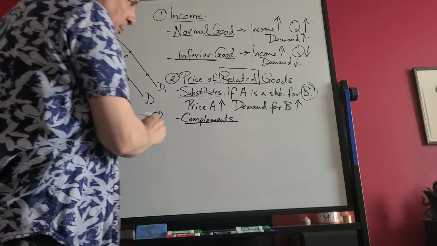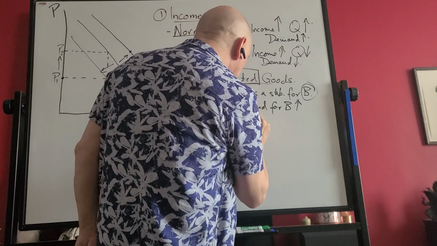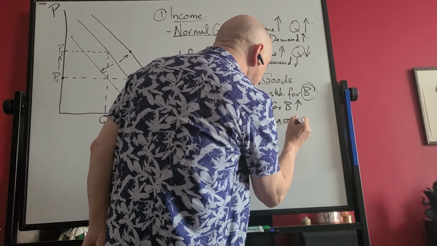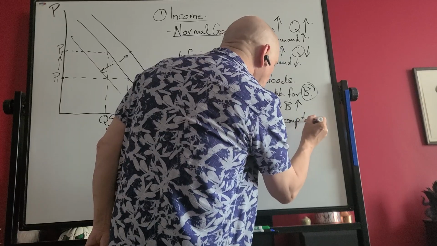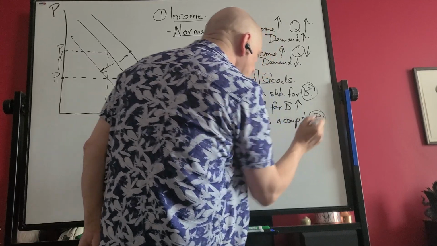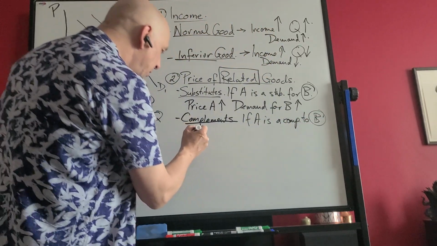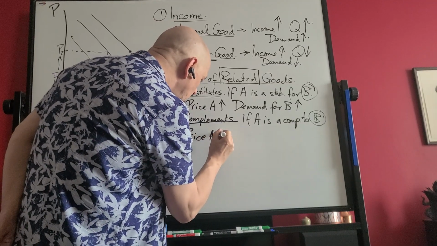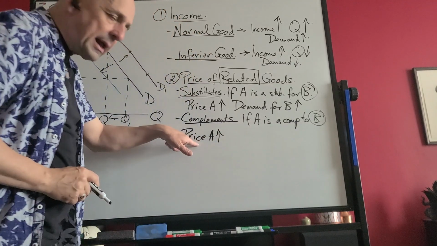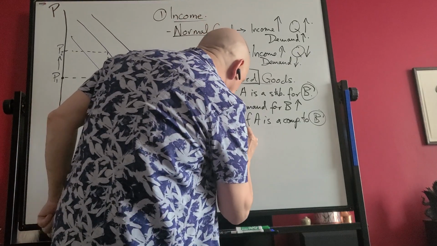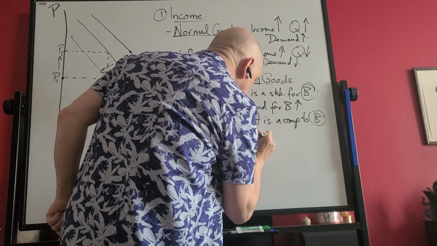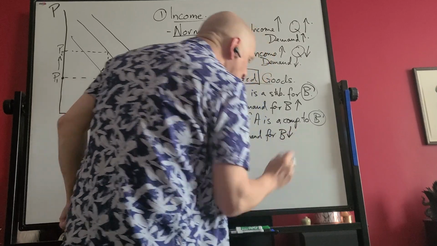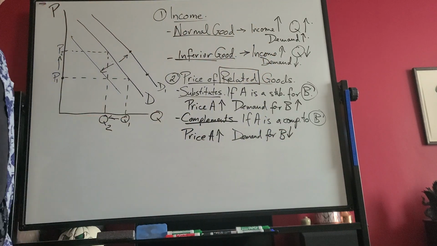So if A is a complement to B, then if the price of A goes up, the price of pancakes goes up, then demand for B will decrease, right?